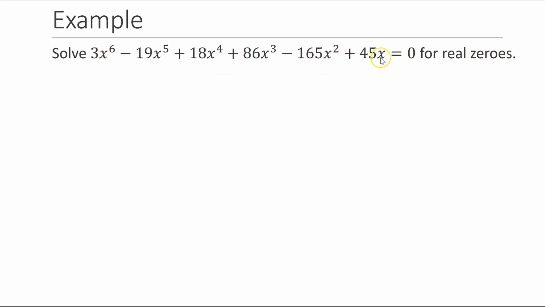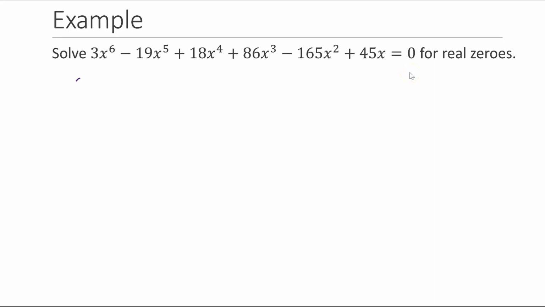So the first thing I want us to observe about this polynomial is that there's an x in every single term. So the first thing that I'm going to go ahead and do is factor the x out of every term, and then I will automatically find myself at least one of the zeros.